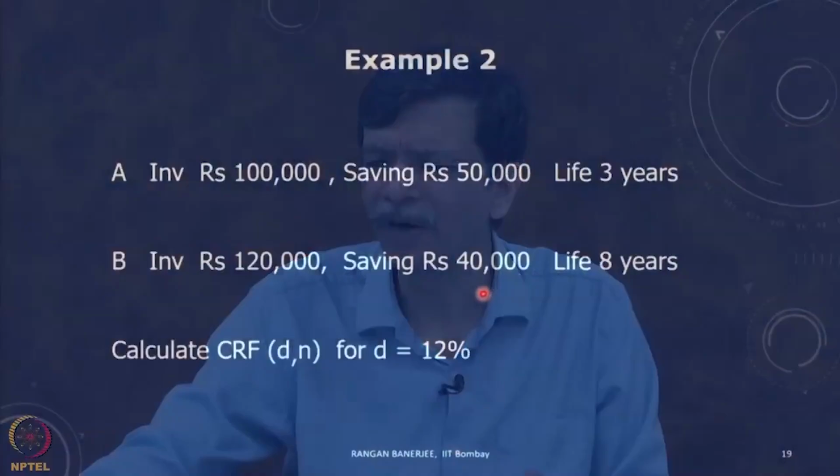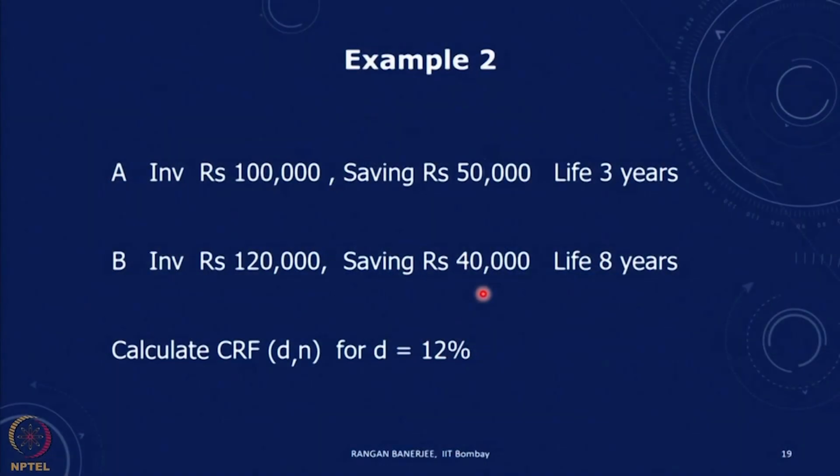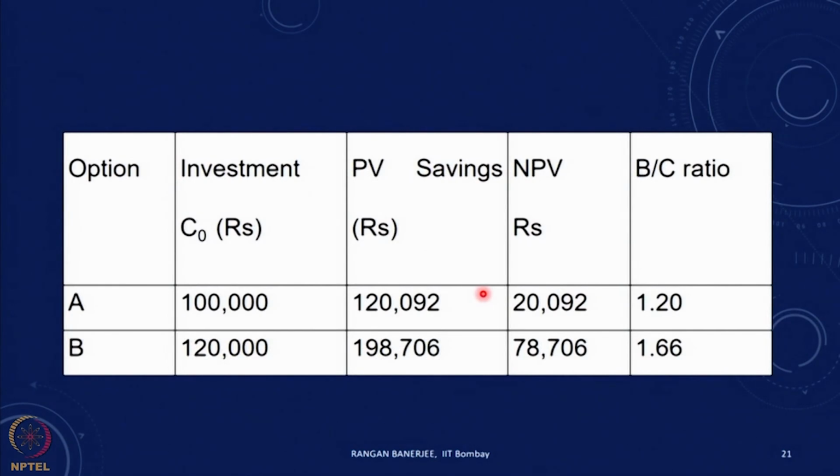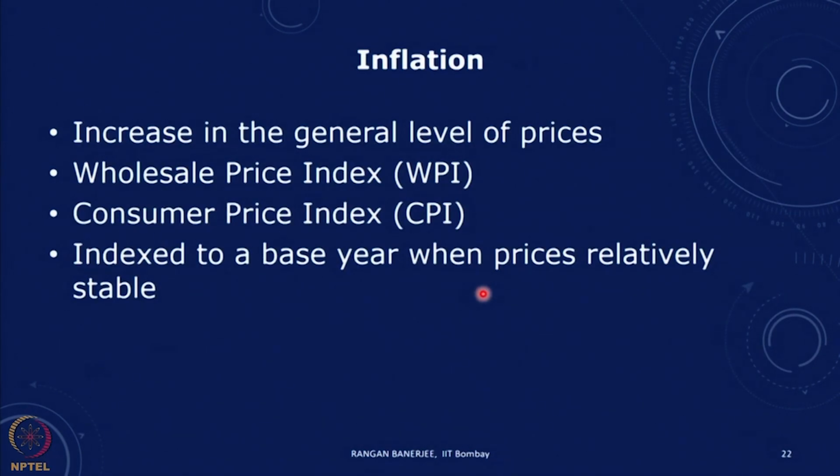I had already told you about the other case, where we talked about A and B with a life of 3 years and 8 years. We could calculate the CRF values and find the B by C ratio for B, and the net present value for B turns out to be higher. You can cross-check these numbers.